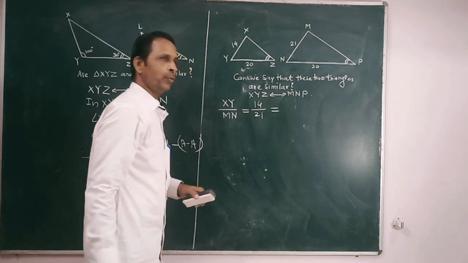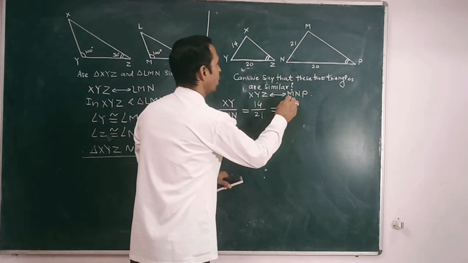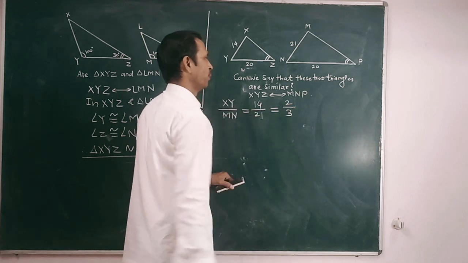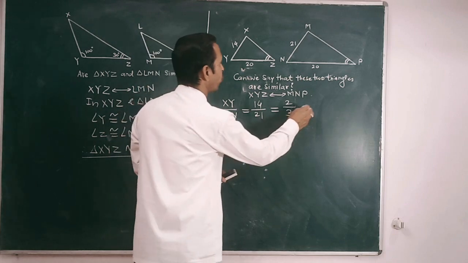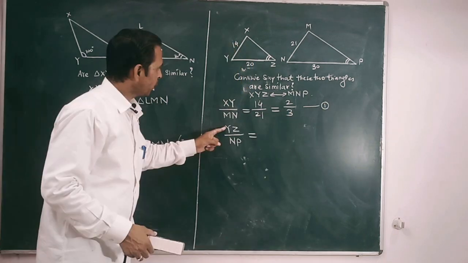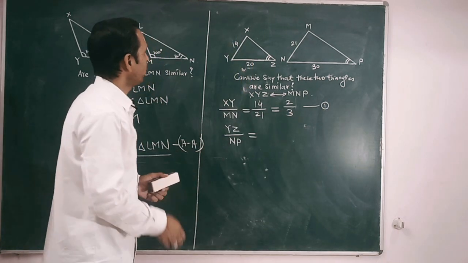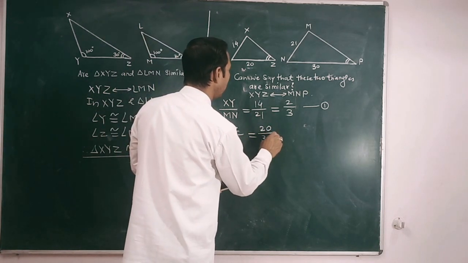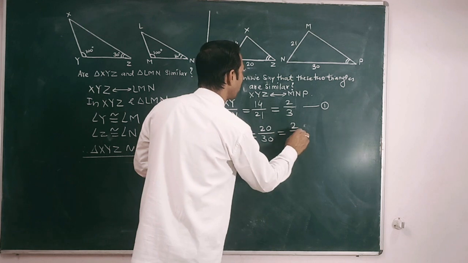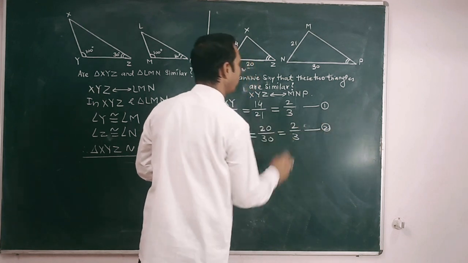What is the ratio? 2 upon 3. The ratio is 2 upon 3. This is the first ratio. Second ratio, YZ upon NP. YZ means 20 divided by 30. Again the ratio is 2 upon 3. That is the second ratio.